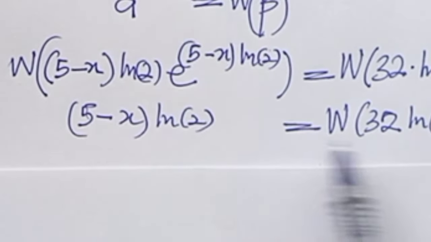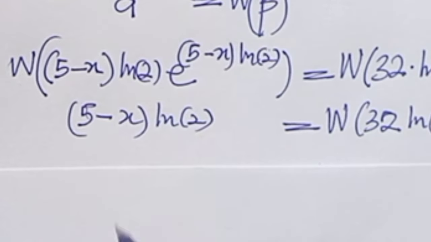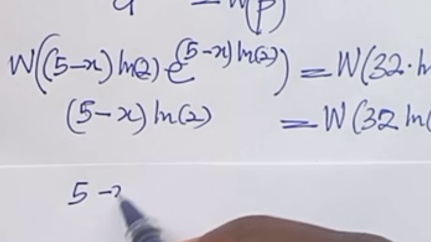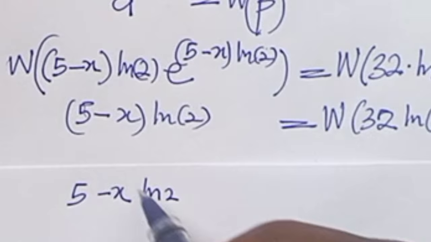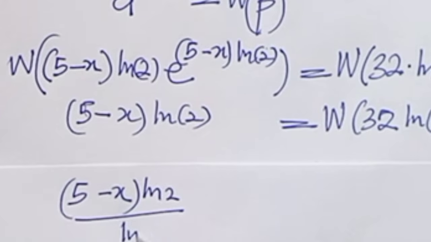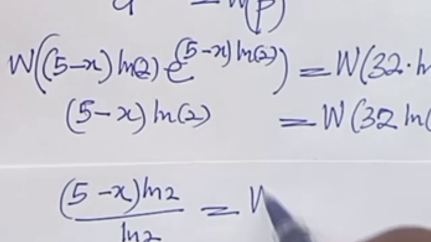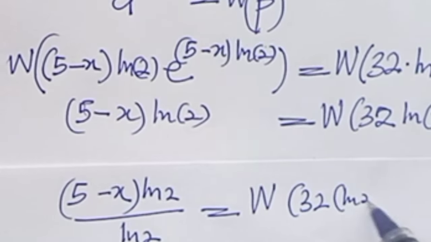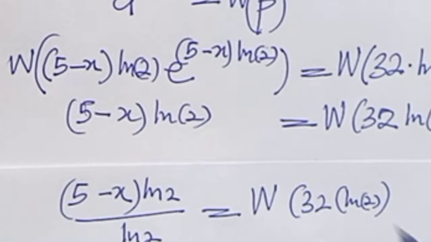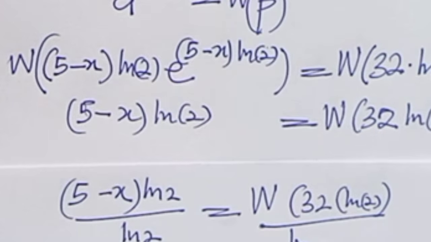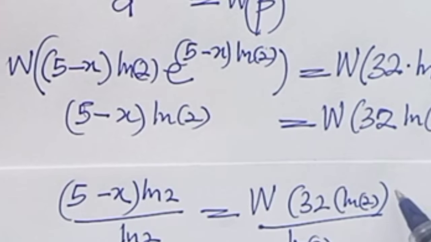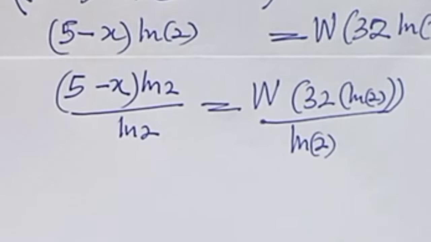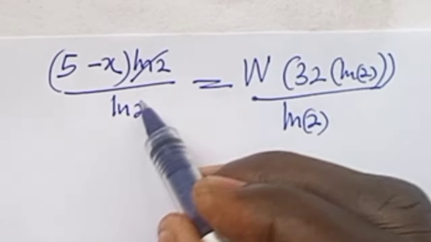If we divide both sides by ln 2, the coefficient of 5 minus x, it becomes 5 minus x ln 2 all over ln 2 equals to W of 32 into ln 2 all over ln 2. Here, ln 2 will cancel out.